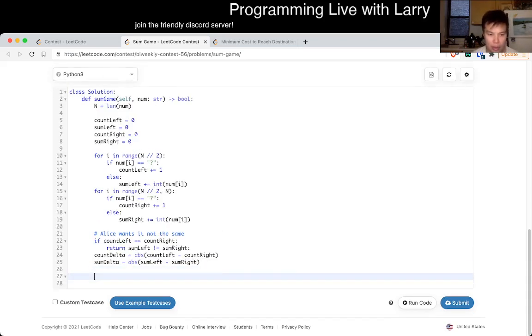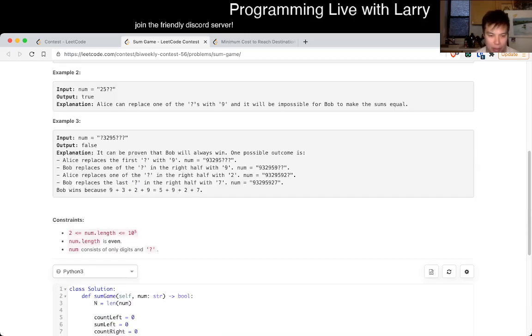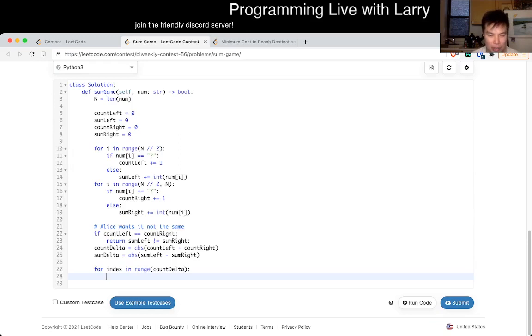Basically for count, I think you could do this with actual math, but I am trying to figure out right now whether, because I'm a little bit dumb, it doesn't really matter. So for each different number, because Bob will always just match you.